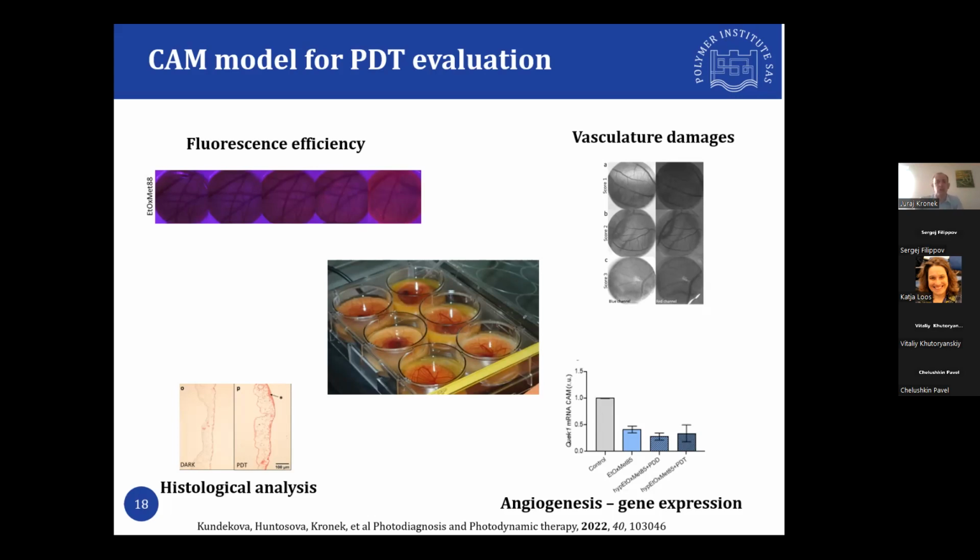Here I will show you a few examples from the results of fluorescence efficiency, images of vessels, and also gene expression connected with angiogenesis.